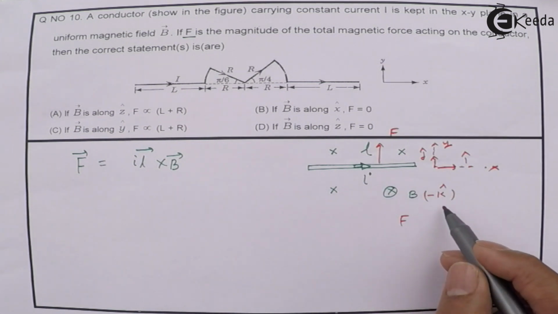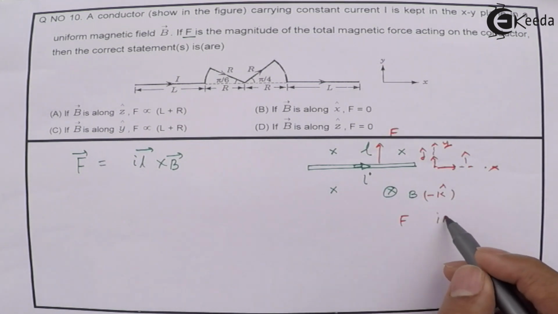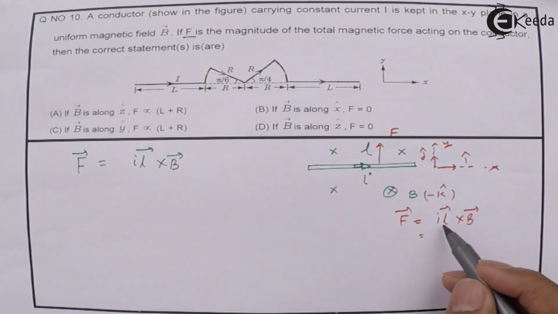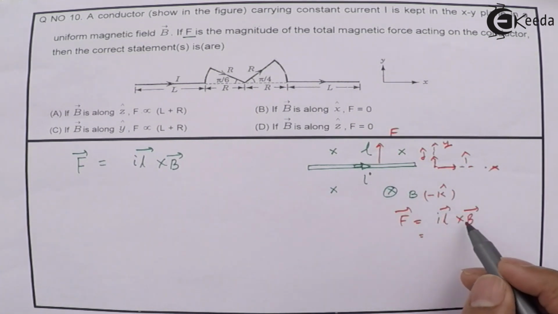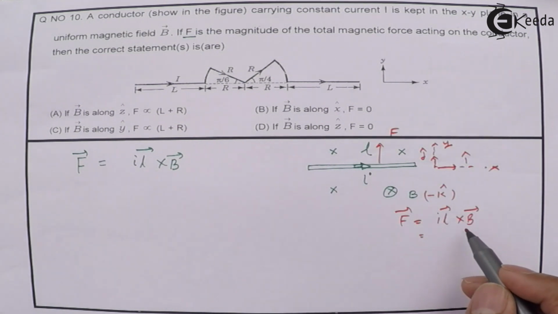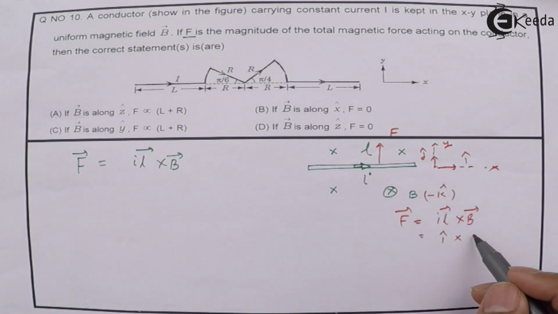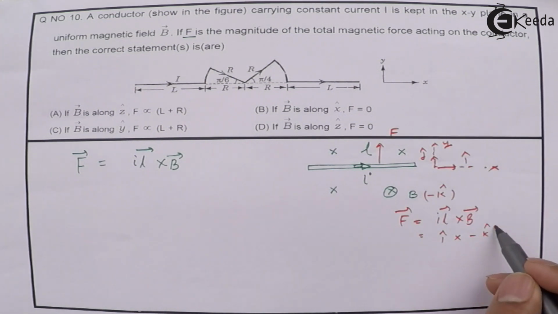We'll see the cross product of IL cross B. If I don't consider the magnitude, only the unit vector, then this is i cap cross minus k cap.